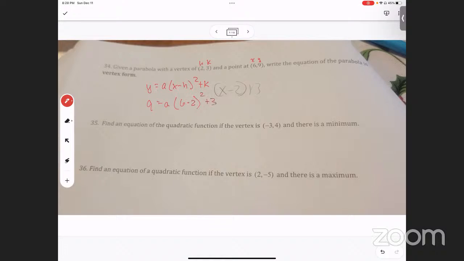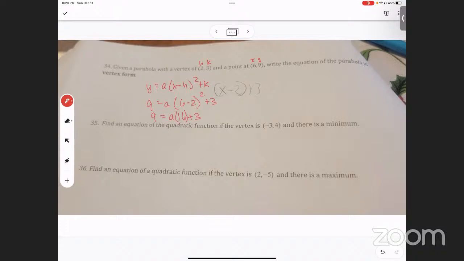Yep. Good. So solve this for a now. That's 16 plus 3, 19. No, not 19, because that's being multiplied. Those don't get added. The 16 and the 3 don't get added.